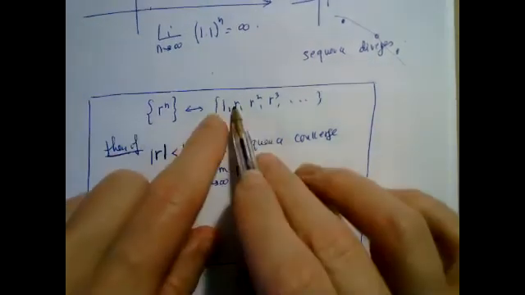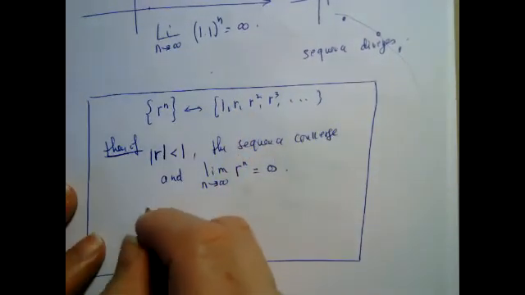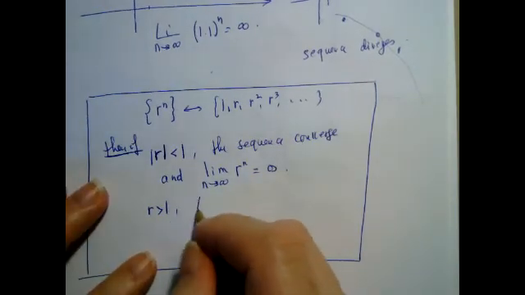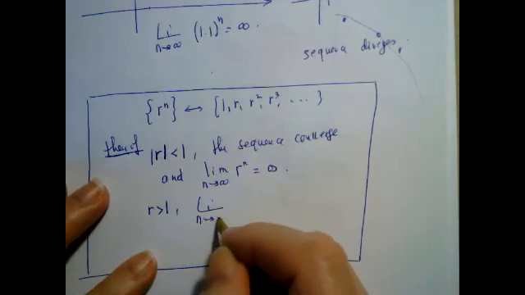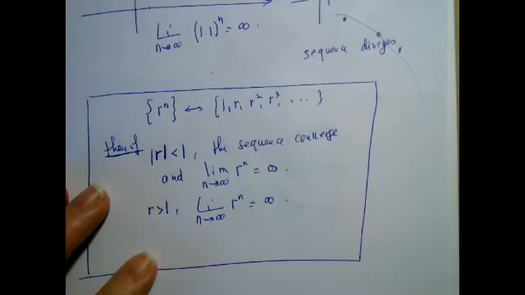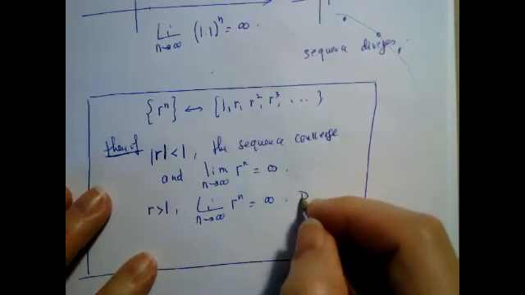Now, if r is bigger than 1, like 1.1, then it diverges, and the limit is plus infinity.